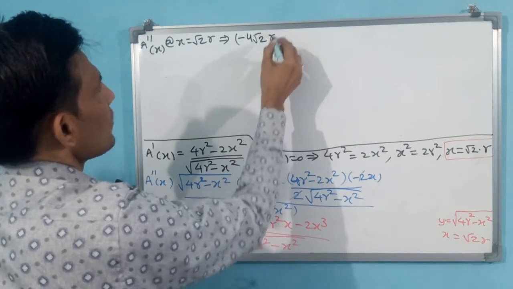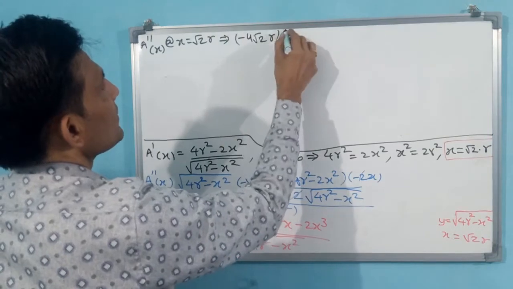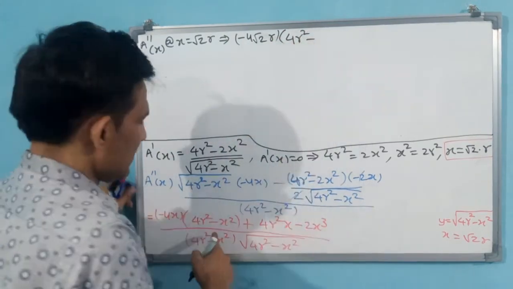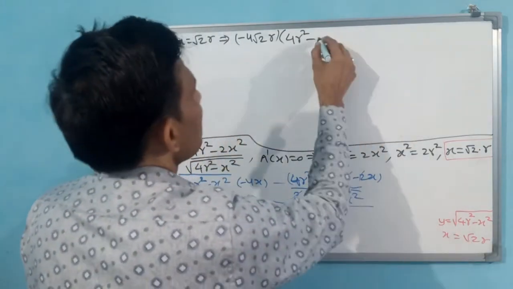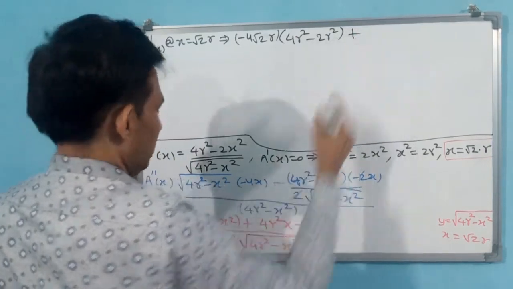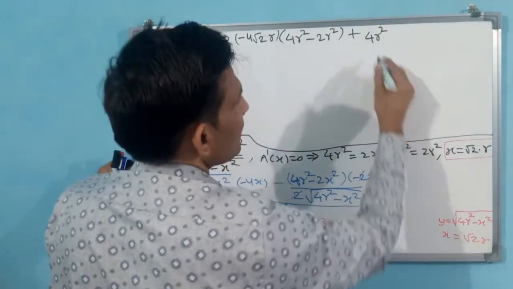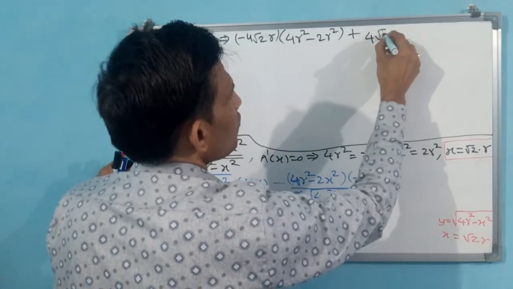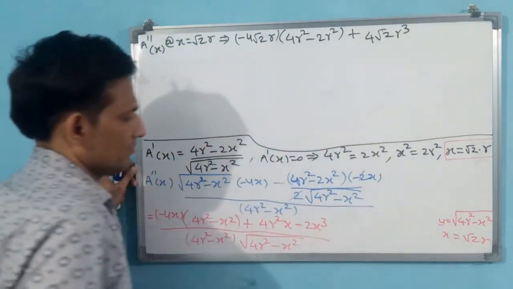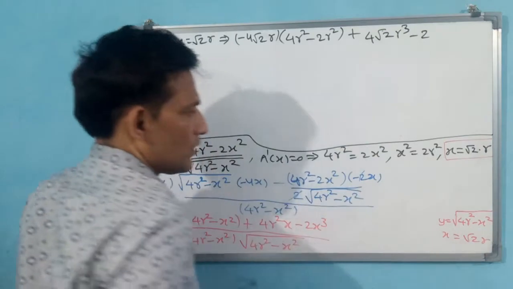Minus 4 root 2r into 4r square minus x square; 4r square minus x square means I will write 2r square directly. Plus 4r square x: here 4r square x means 4 root 2 r cube. Minus 2x cube.